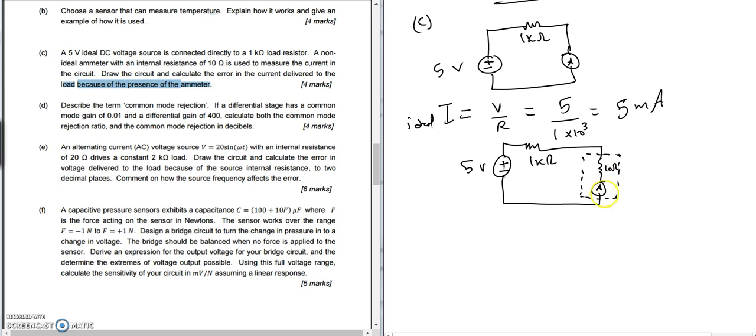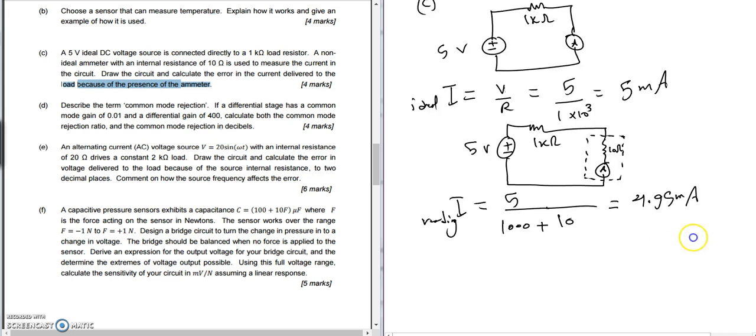So the current that will appear on the reading of the ammeter, I reading, will be 5 over 1,000 plus 10, making the current 4.95 milliamps.